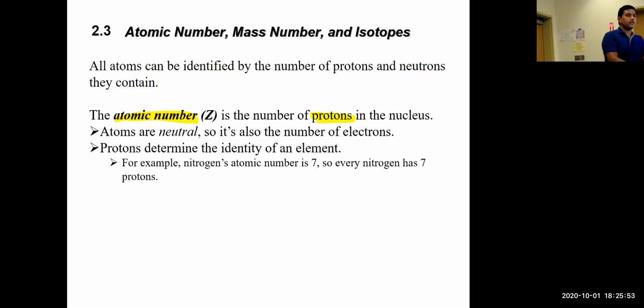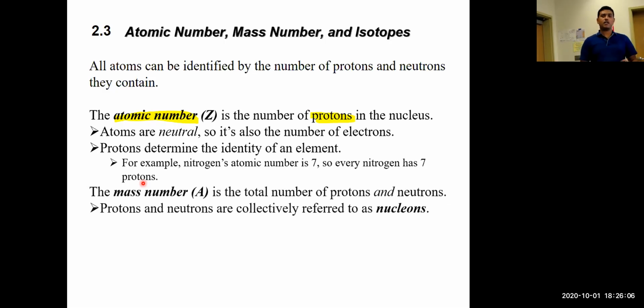If you look at this example of nitrogen, nitrogen has an atomic number of 7. So it should have 7 protons, and if it is neutral, it should have 7 electrons. We already discussed in the previous lecture that an atom also contains massive subatomic particles called neutrons with a neutral charge. These neutrons are also present in the nucleus and are responsible for the overall mass of the atom.